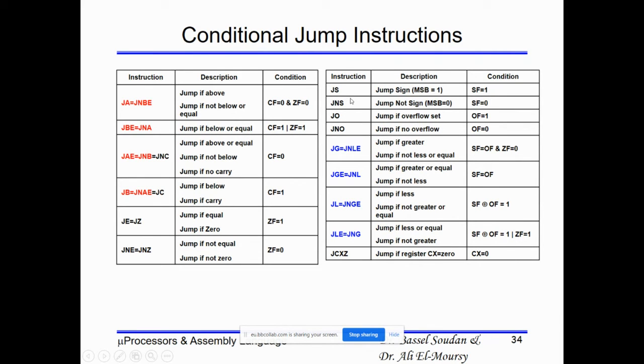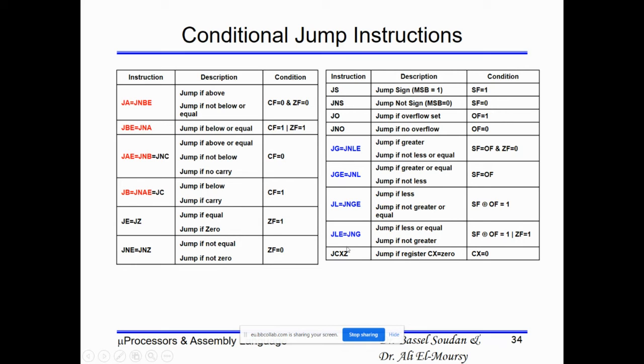Those conditional jump instructions are checking the flags themselves. We have 4 flags, so I have jump if carry flag equals 0, and the opposite. So I have actually 8 of those instructions: carry flag equals 0 or 1, zero flag equals 0 or 1, sign flag equals 0 or 1, overflow flag equals 0 or 1. Those are the easy ones, the pretty straightforward ones.